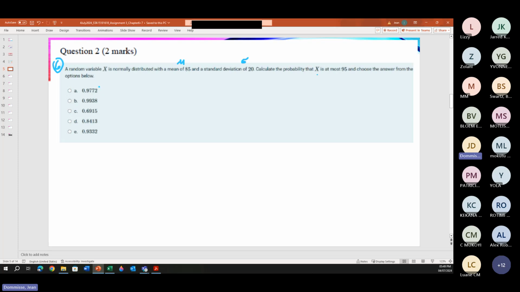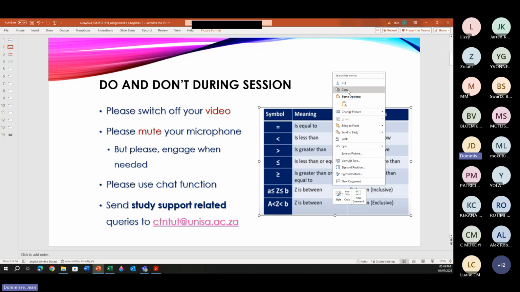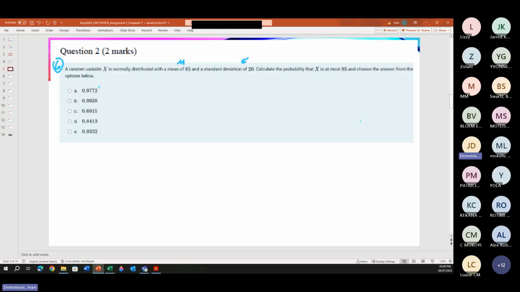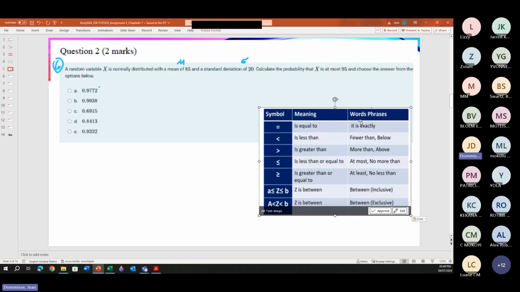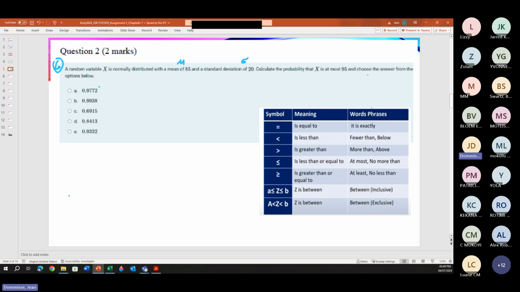Calculate the probability that X is at most 95. Let's just, as you can see, I've got this at hand. So again, please, if you can, print it or just have it with you, so that a question's wording must not catch us out.